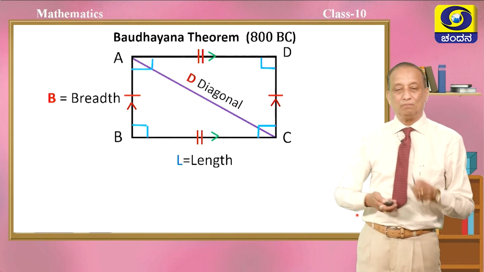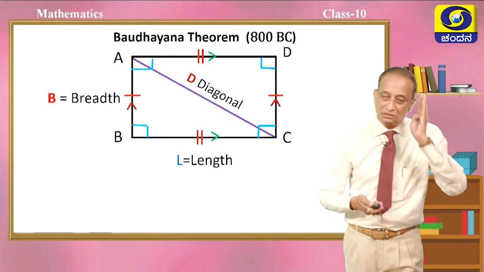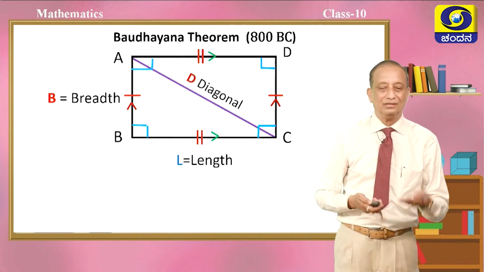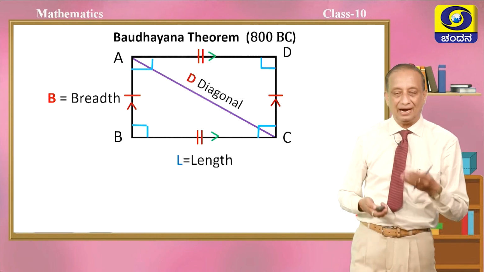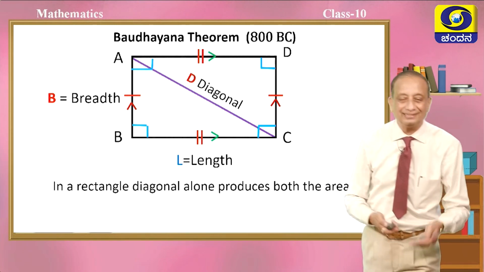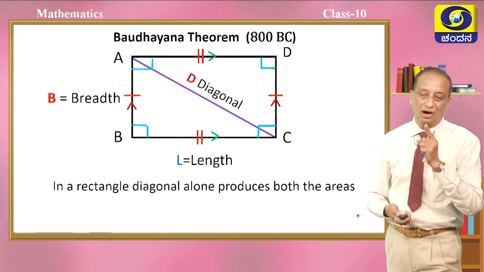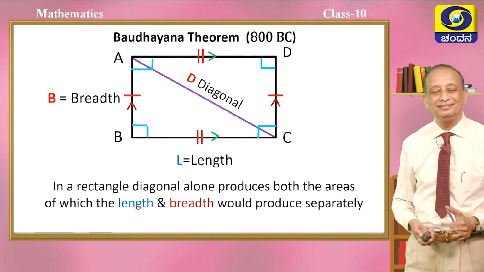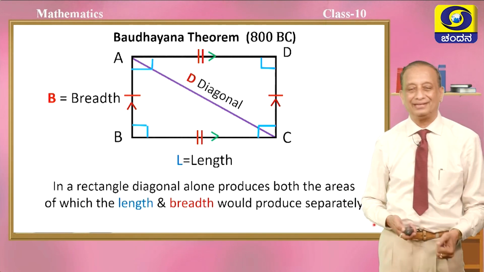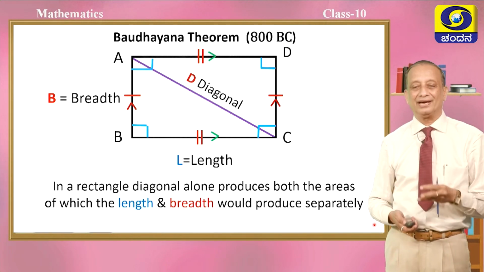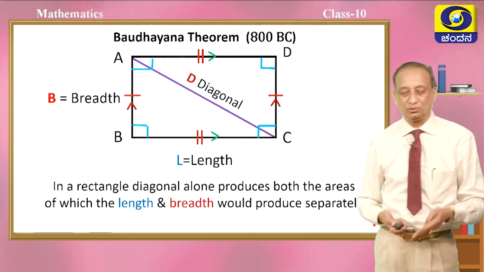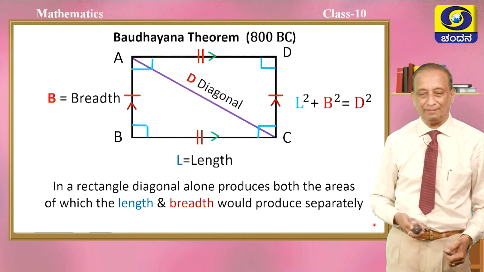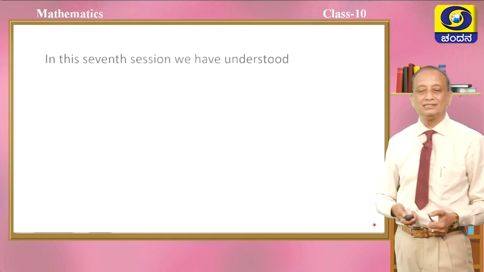Bodhayana, way back in 800 BC, before Pythagoras and Euclid, had understood this and he states that in a rectangle the diagonal alone produces both the areas which the length and breadth would produce separately, children. This is how Bodhayana has stated in his Shulba Sutras. This is presently known as the Pythagoras theorem. So l square plus b square is equal to d square.